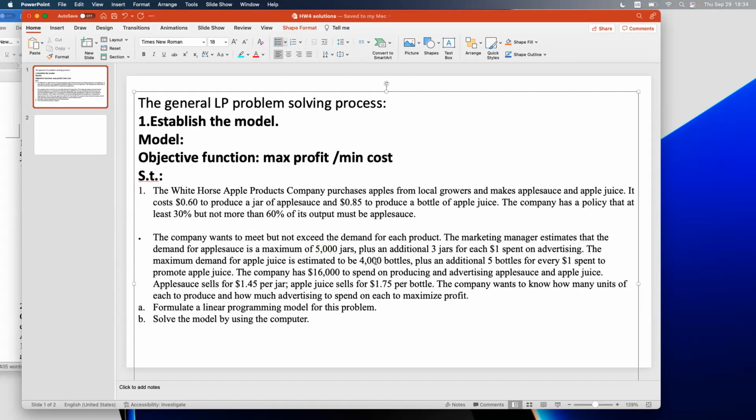We can get lost in this huge amount of information.